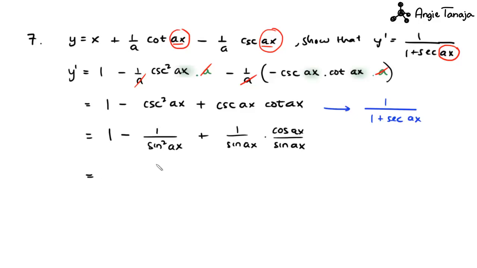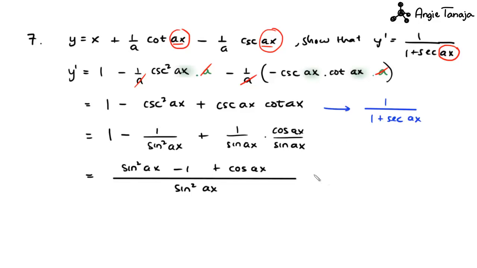So it seems like the denominator is all sine square ax. So then we can just combine them together. Why do we combine them together? Because you see, the goal only has one fraction. But how many fractions do we have? We have 1, 2, and 3, right? So we have to combine this according to the goal that we want. So then this becomes sine square of ax, and it's just negative 1, while this one is positive cos ax. Okay? And then again, we take a look at the goal.